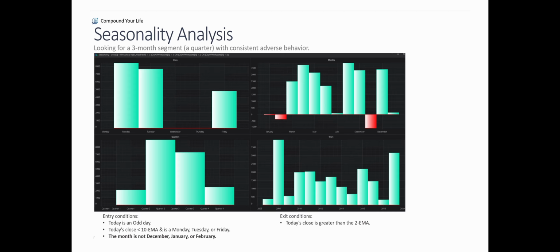In this case too, we're not looking for the quarters as they are defined. We're looking for quarters as they make sense. And so the reason why I decided to filter out December, January, and February is because of a lot of the holiday effects, and those of you who've watched the holiday seasonality videos in the series will be quite familiar with this.